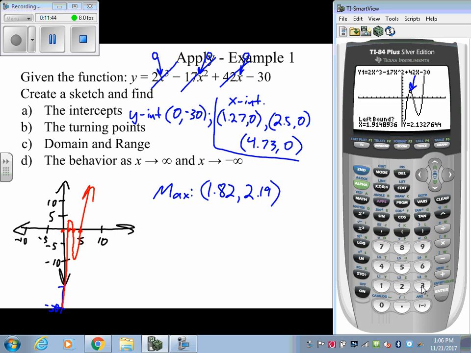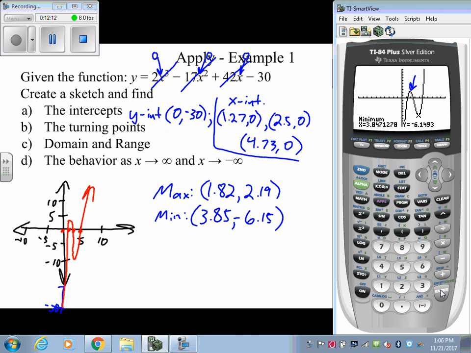So choice 3, I just want to be to the left of the minimum, be to the right of the minimum, hit enter, enter again, and this time for my minimum, I get 3.85 roughly, and then the y value would be negative 6.15. All right, so those would be my turning points.